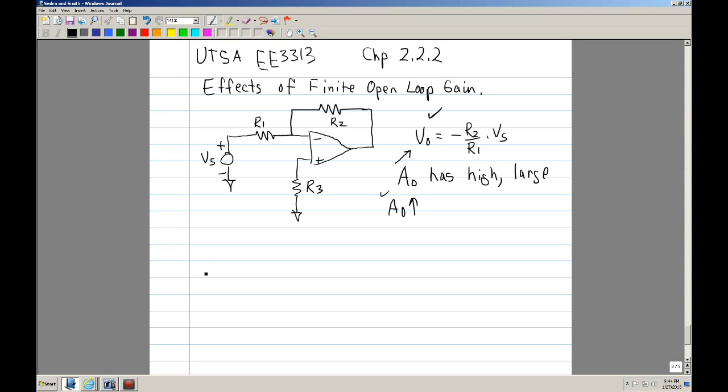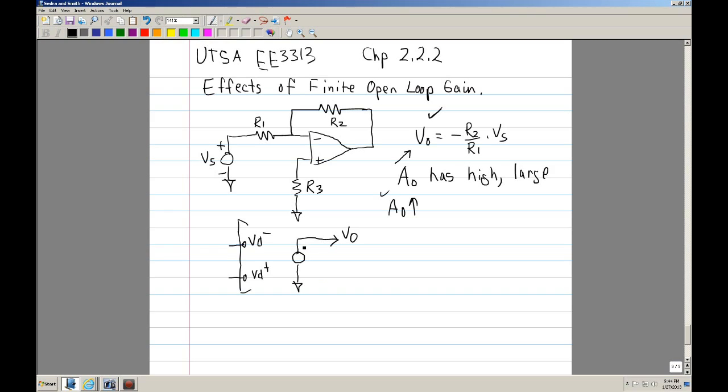First of all, keep in mind the model of the op-amp, what's inside. You can model it with the inputs VD minus and VD plus, and inside there's a voltage source, and that would be your V out.